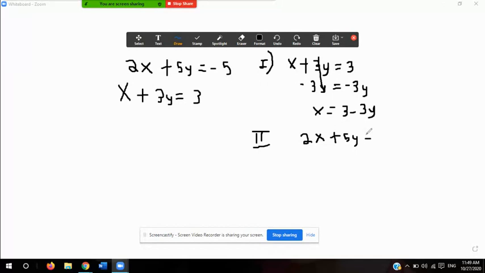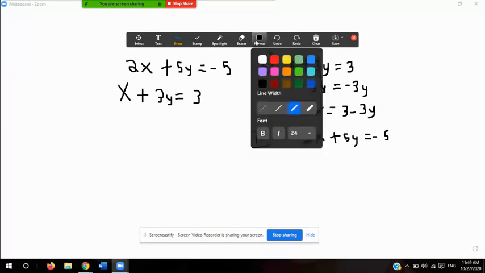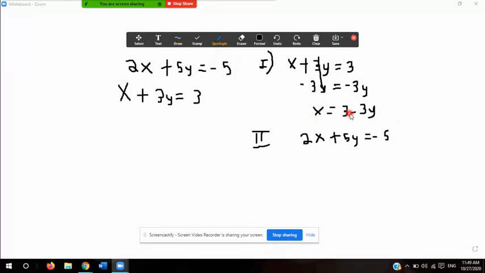So basically, I'm going to take what I got for x, and I'm going to say 2 times (3 minus 3y) plus 5y equals negative 5.